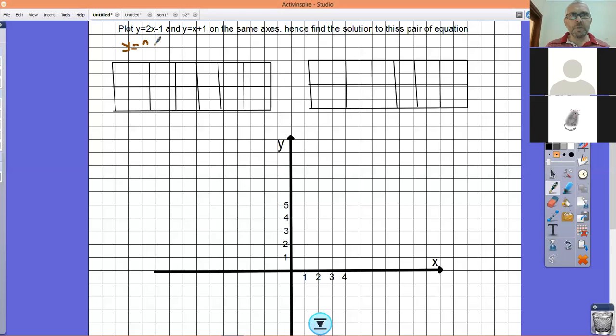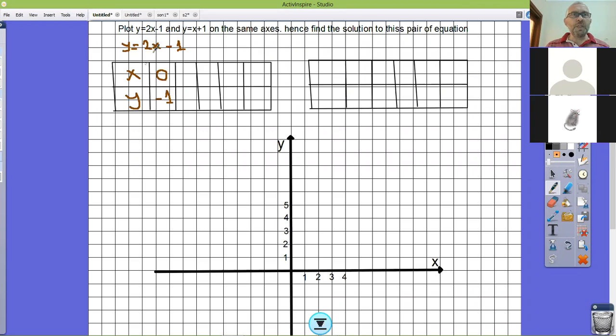Now let's go. Here, y equals 2x minus 1. For x we are going to give values and evaluate y. If x is 0, y will be what? 2 multiplied by 0 minus 1, it will be minus 1.